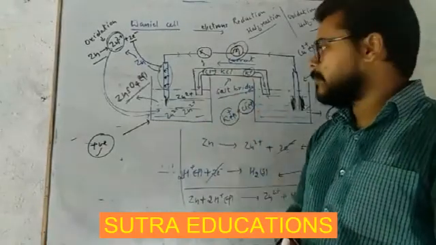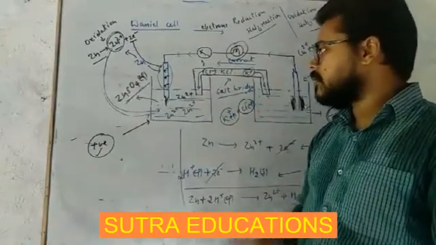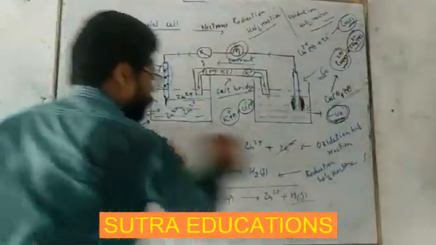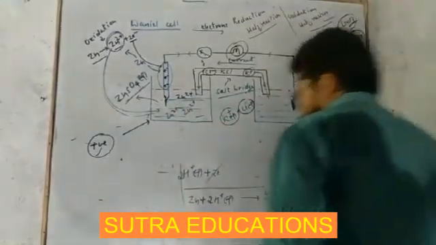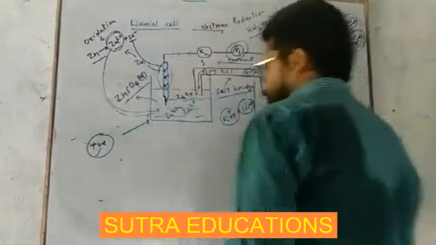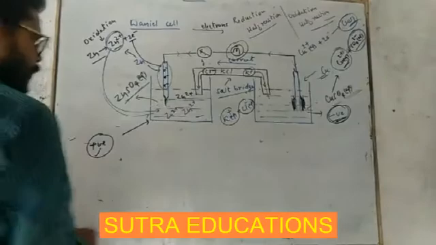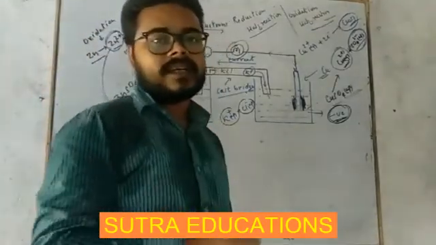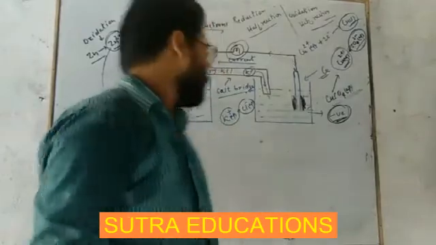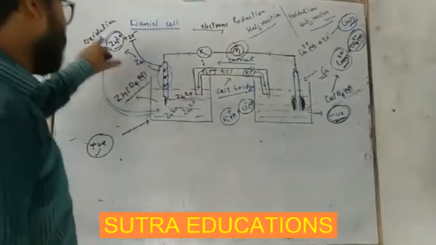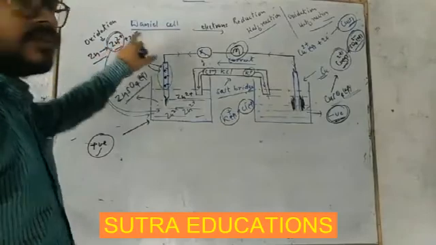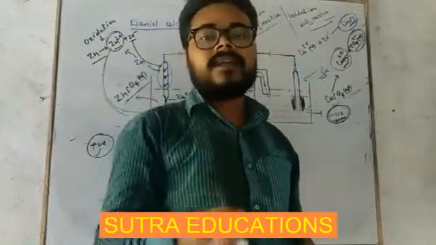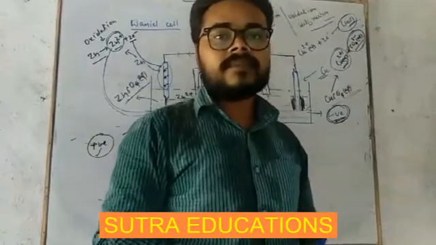Okay. Now, I told you there are two half cells. One is the oxidation half cell, the other is the reduction half cell. So come to this side. Here Zn is converting into Zn2+ and 2 electrons, meaning electrons are being released by Zn, and if electrons get released, it is called oxidation.